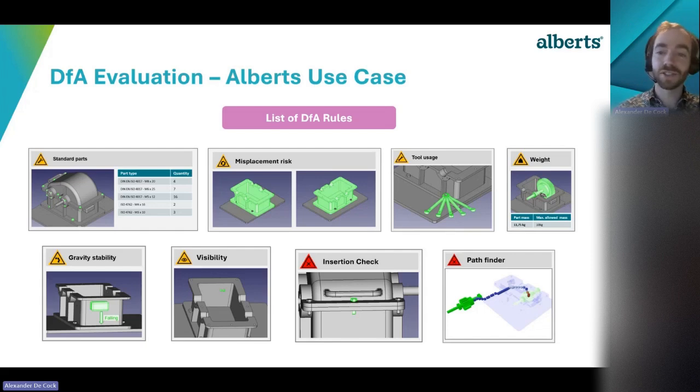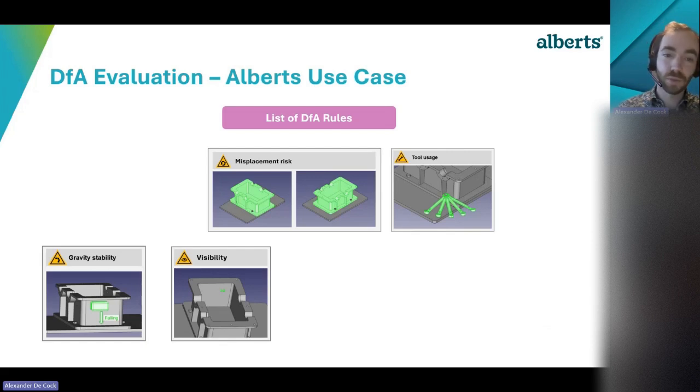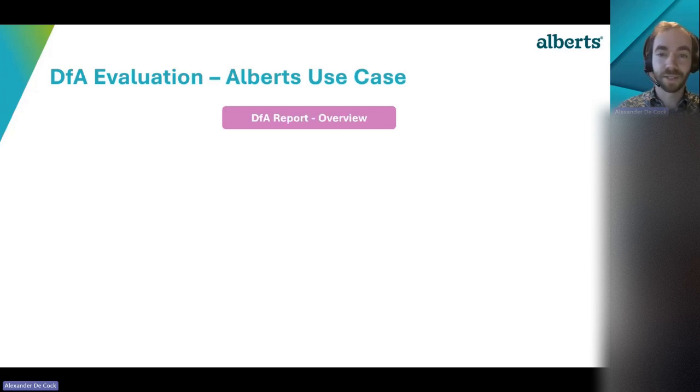So this is more or less the whole portfolio of the rules that we currently have developed. And then together with Albert, we decided that only these 4 sub-rules are relevant. So the misplacement, the tool usage, the gravitational stability, and the visibility rule. So that was the first output, finding these relevant rules and explaining to them how they can evaluate them.